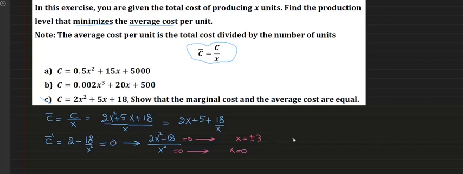Of course here the -3 and the 0 both are rejected because of the context of the problem, and because x here is the number of units produced, or we can say simply the production level. So we are left with x equal 3.